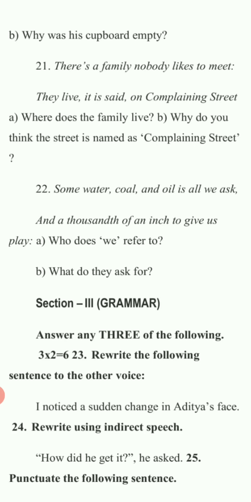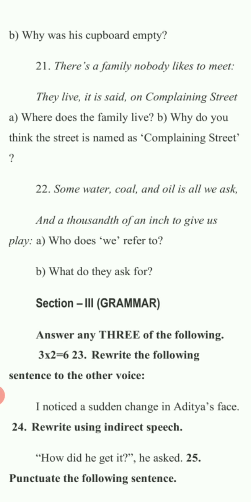Okay, children. Question number 22. "Some water, coal and oil is all we ask, and a thousandth of an inch to give us play." Who does "we" refer to? We refers to the machines.